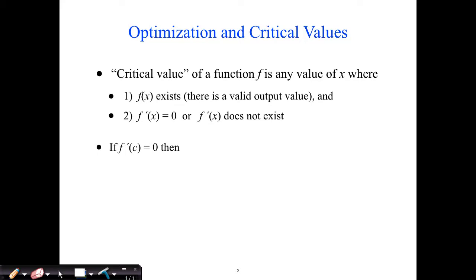So the thing is, if I do have f prime at some value c equal to 0, it's not necessarily exactly what I'm looking for. There's a few options of what it could be. But what I do know, if I have a derivative value of 0, is that it indicates a rate of change of 0, or essentially 0 in the moment, meaning I've got a pause of some sort. So I was going up, and then I stopped going up.